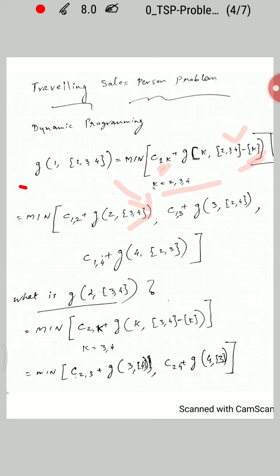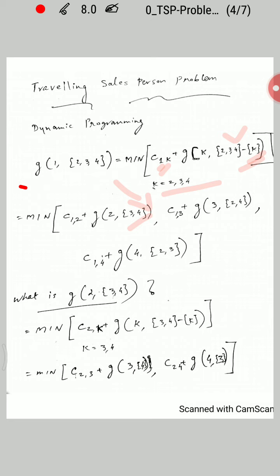Then k is taking the next value 3, you are getting c13, the cost of the edge 1 to 3, plus g(3, ...), you have to exclude 3, so you are getting the set {2,4}. Next, k is taking the last value 4, so it is c14 plus g(4, {2,3}).